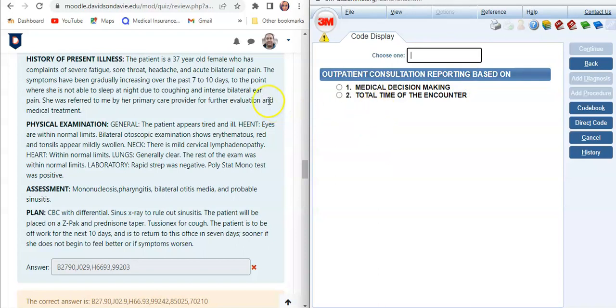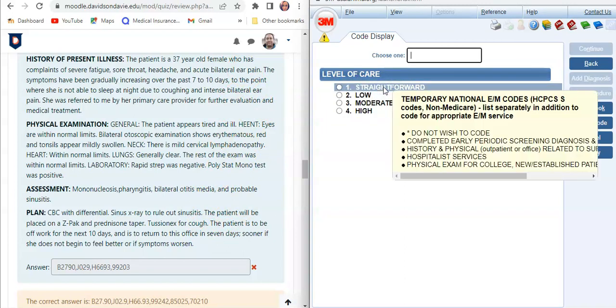And since there's no times on here of how long the office visit was, we're doing medical decision making. And it tells you right here for those history and physicals, which is what it got. It's pretty straightforward.